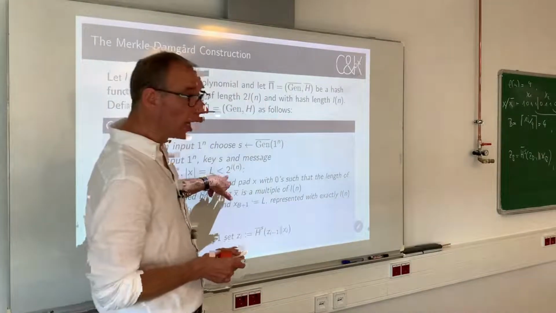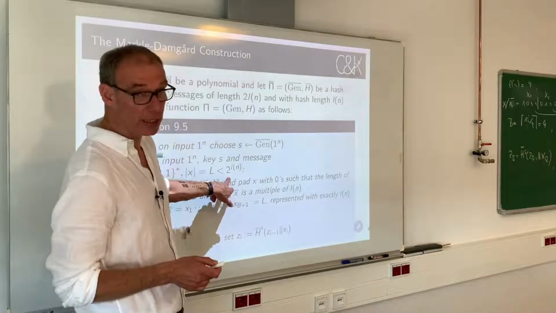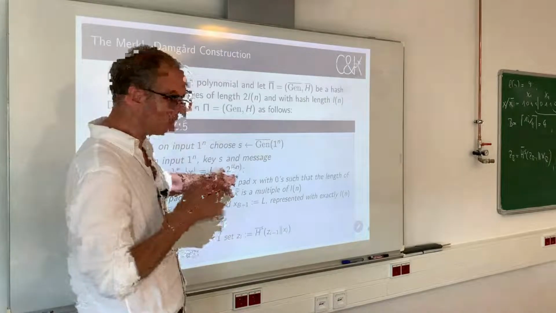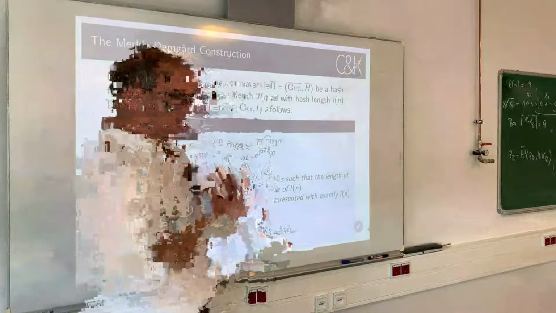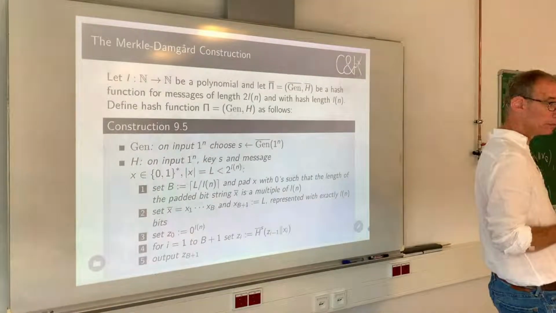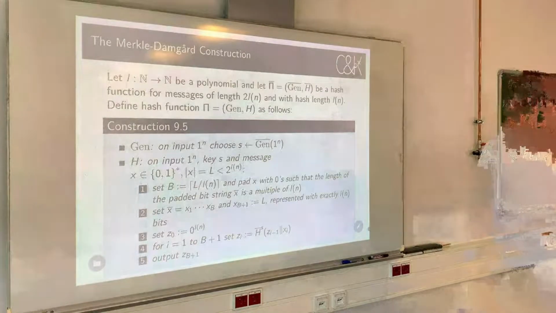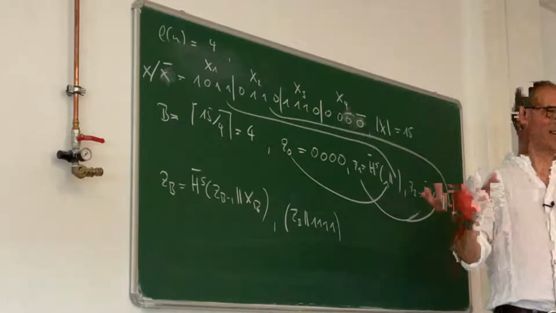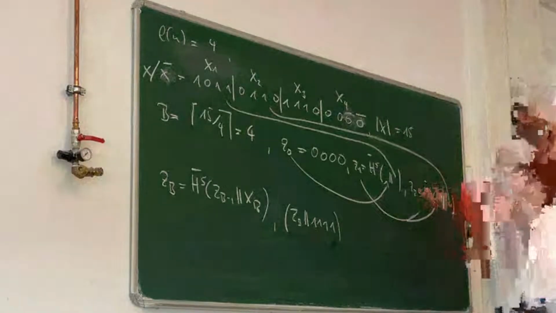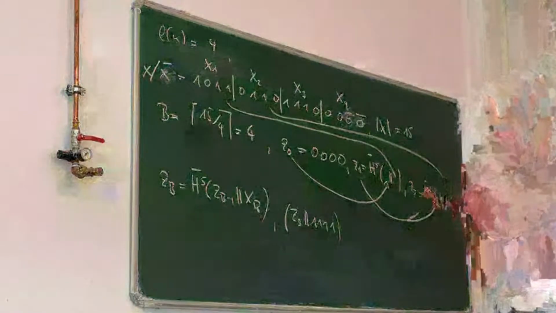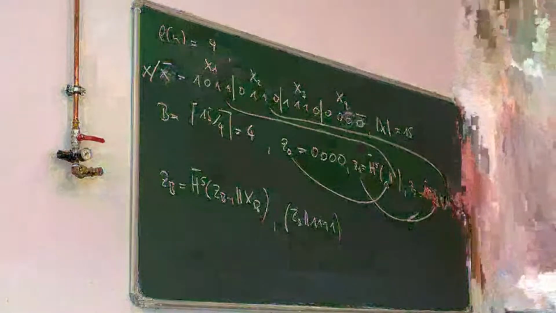Because capital L is strictly less than 2 to the l(n), the bit representation requires at most l(n) bits, and I use leading zeros to fill it up. In this case here, the binary representation of capital L uses exactly 4 bits, so there is no need to fill it up with leading zeros.